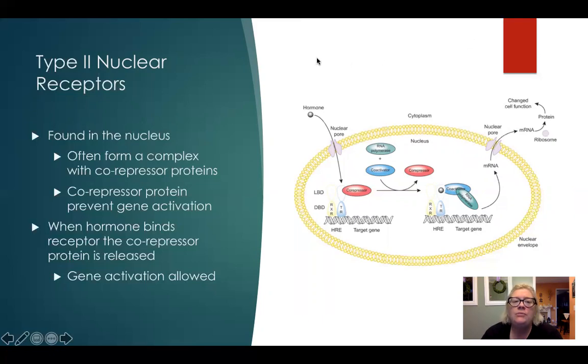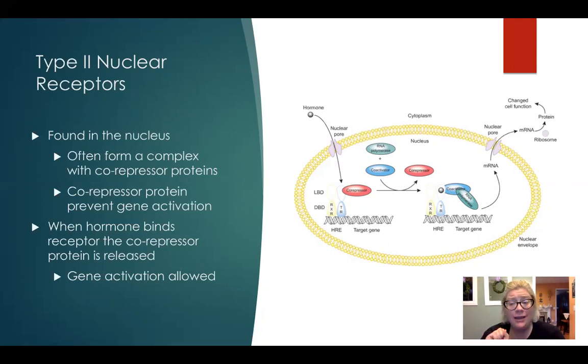Okay, so in a type 2 nuclear receptor, the lipid-soluble hormone is going to enter into the cytoplasm. And then it's going to continue on, and it's going to enter into the actual nucleus itself. Once inside the nucleus, it is going to bind to the type 2 nuclear receptor, the receptor that is found inside the nucleus itself.